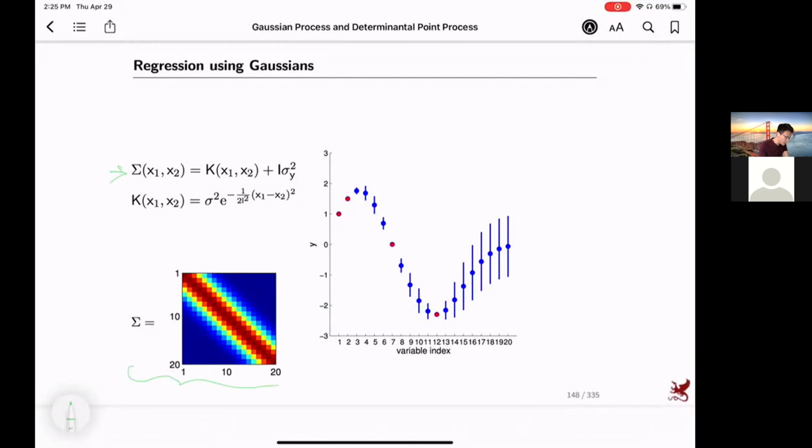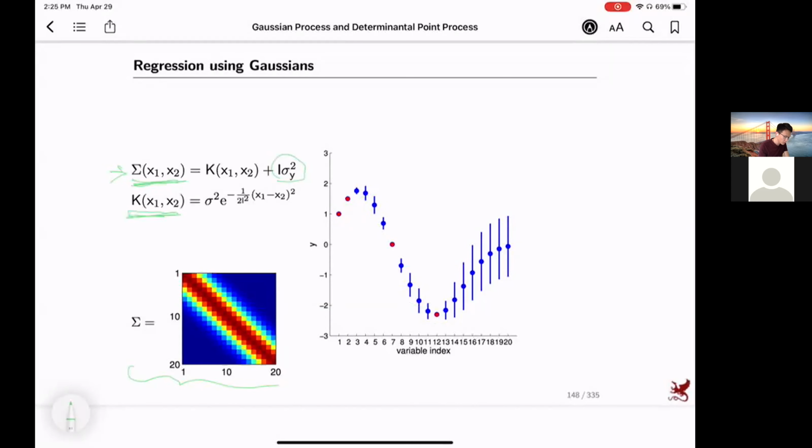But if I define a function that looks like this, then whenever I want to find the covariance between 2 points, I can just plug them in, and then I can read out a corresponding value, like how correlated these 2 points are. And this covariance function, in our case, is specified by one kernel function plus some random noise.